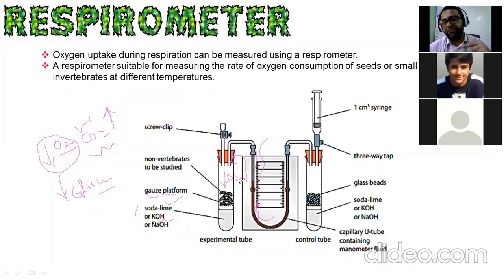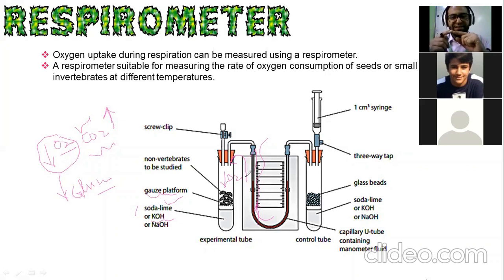But if the oxygen utilization is more and the carbon dioxide production is less, the liquid will go up a bit, not much. When it goes up, it shows that the substrate is not glucose.